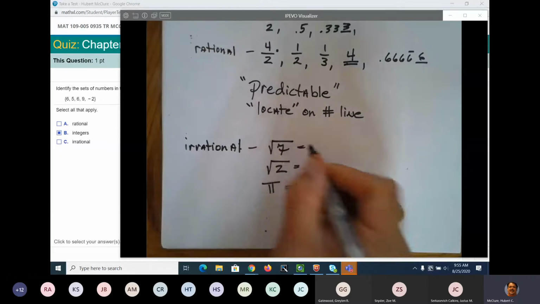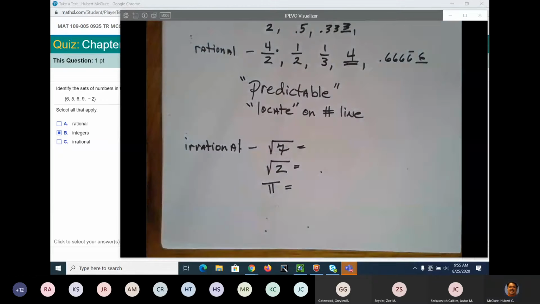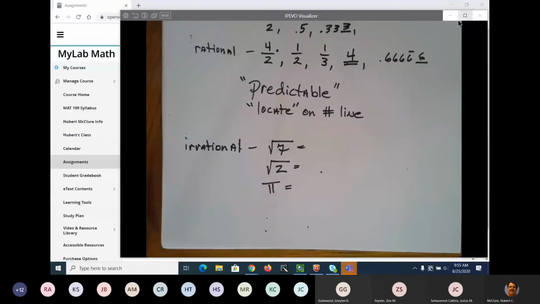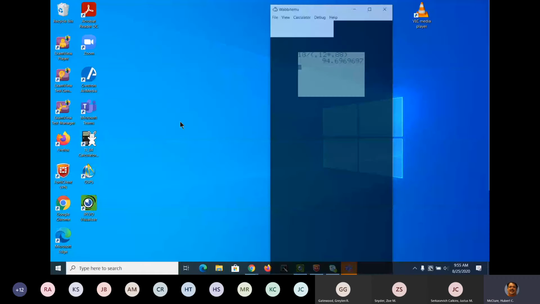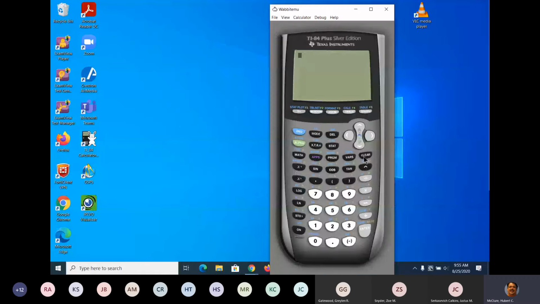So I'm going to take my handy dandy calculator and we're going to do those. Give me a second. I'm going to do them right here so you can see them. I can't ever find the square root button. There it is. Square root of 7. Square root of 2.